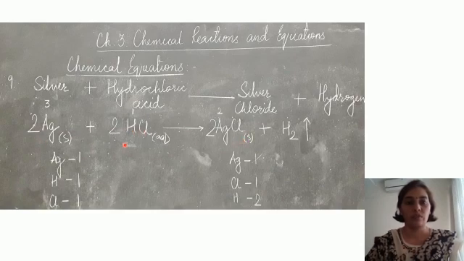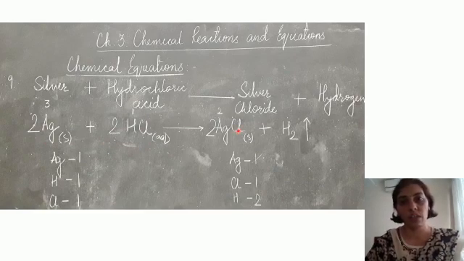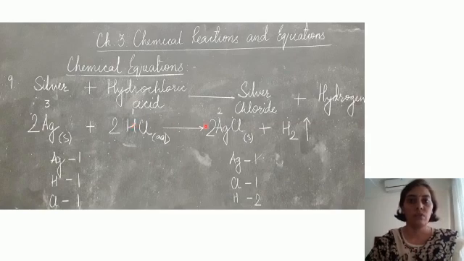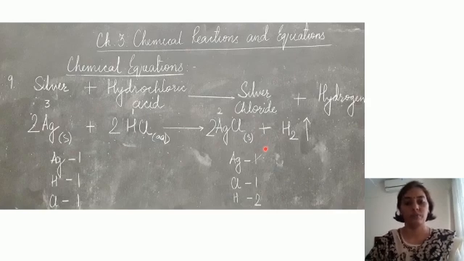Because one is positive, one is negative. So combination will give you AgCl formula, silver chloride. What are you left with? Only hydrogen. So you will have the next product to be hydrogen. Molecular formula of hydrogen is H2. So this is how we can easily find out the products. Let's go to the next slide.